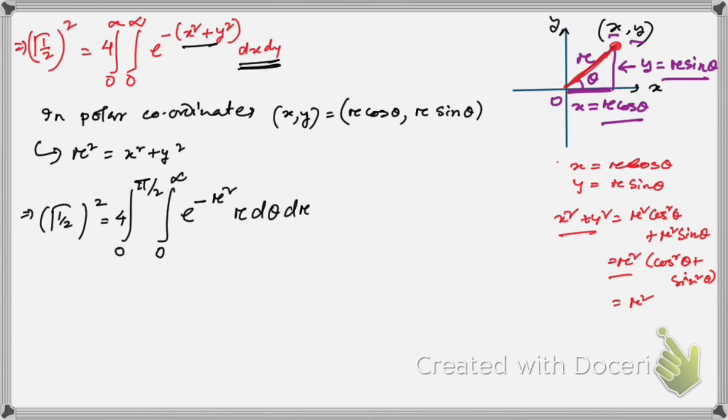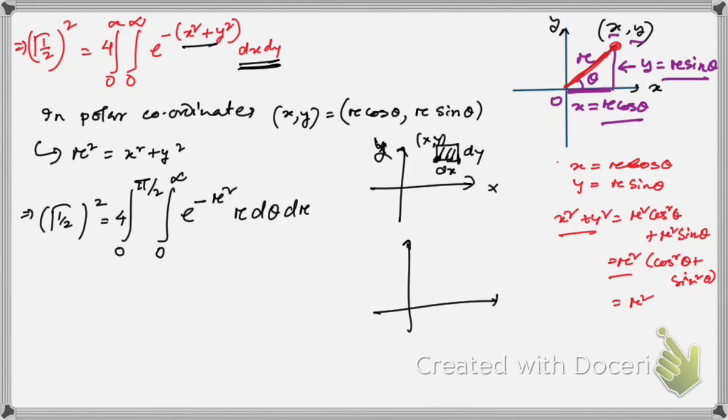So hope you know why dx dy is r dr d theta. Let me show you. Here you see in Cartesian coordinates, this is x, this is y. This is your point x comma y, suppose, and a very small displacement along the x-axis is suppose dx, and a very small displacement along the y-axis is suppose dy. Then this square, dx dy, is the area element, right? Now in polar form, what happens?